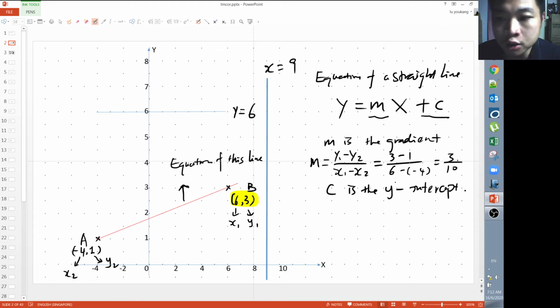Alright, so once you have this gradient, there are two ways to find the y-intercept, which will give you the value of c. Alright, so one of them is you can just look from the graph.